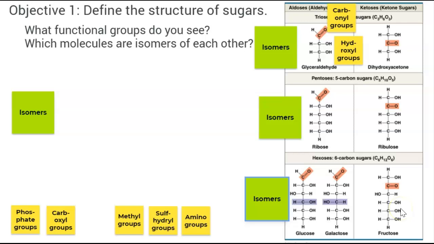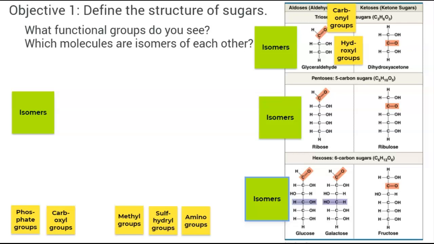So isomers being same molecular formula, different structure. So just hopefully you see the connection there of how we are taking the information we learned from the previous chapters, applying it to the molecules that we talk about that are important in biology.